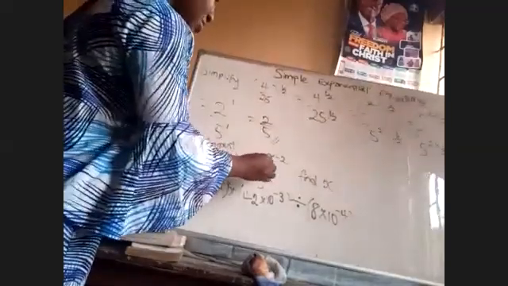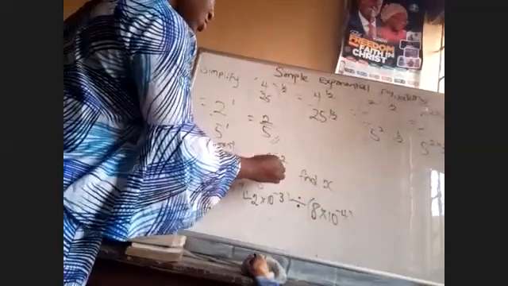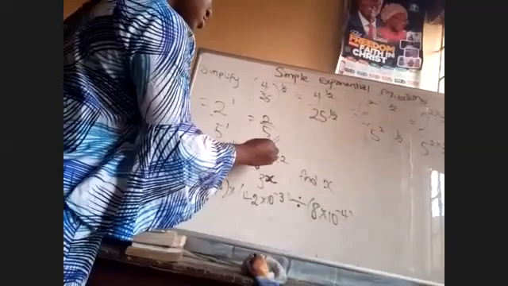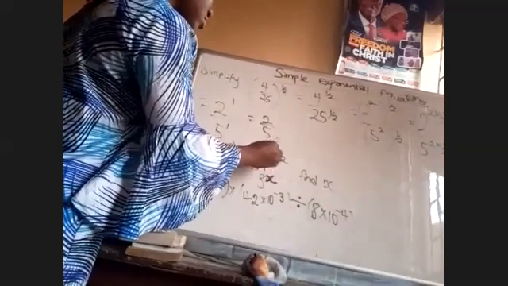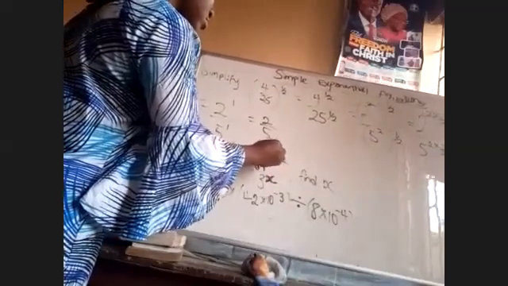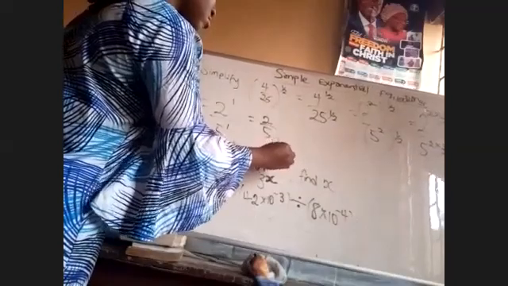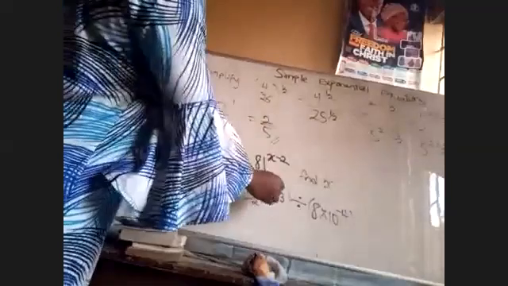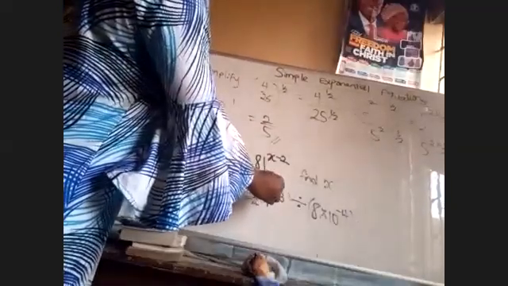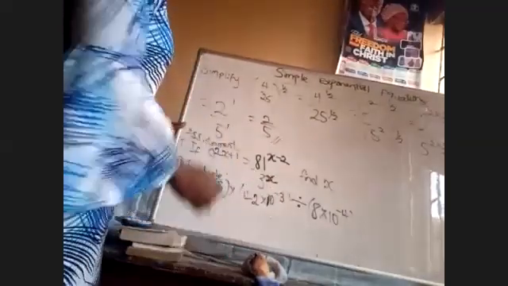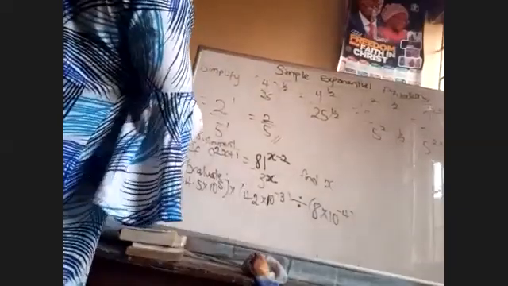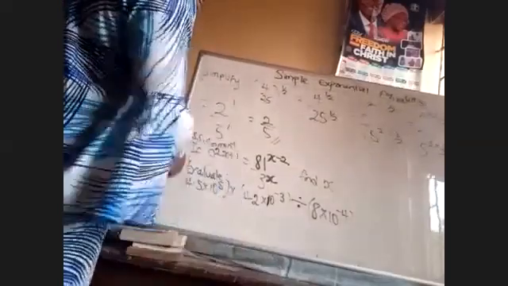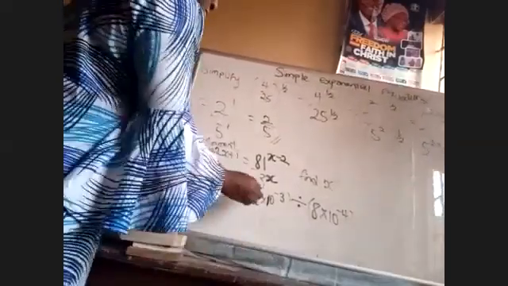I don't know the minus 2. This is 81. This is 4 point.